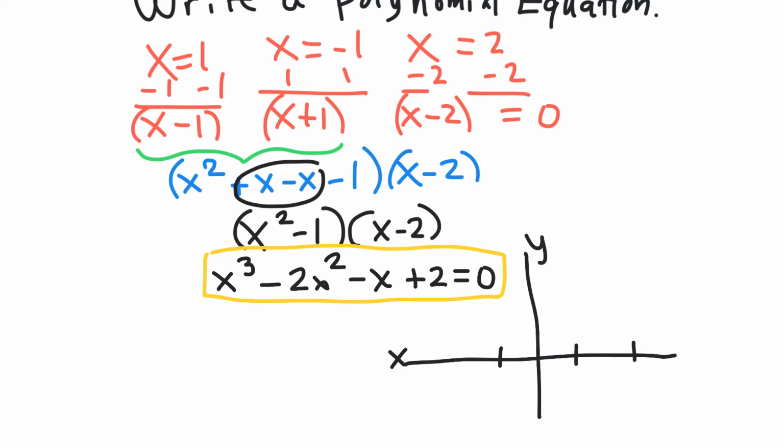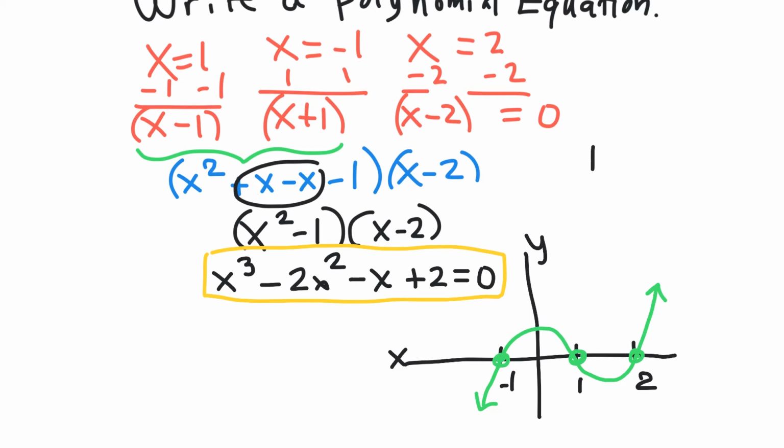And it looks to me like the graph of this will go through -1, 1, and 2. So it might look something like this. And so you can see there that it crosses the x-axis in those three points, which were -1 here, 1 there, and 2 there. So that's one quick way of checking.